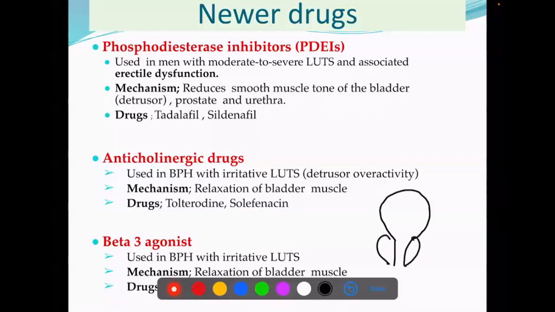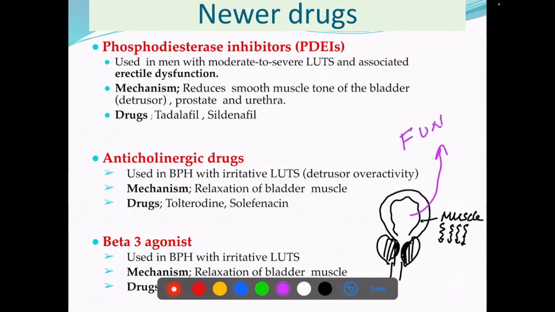Whenever there is an obstruction by BPH, the bladder muscle, that is the detrusor muscle, also wants to overcome this obstruction. How? By contraction of the muscle. These muscles will contract, and that leads to symptoms like frequency, urgency, and nocturia.